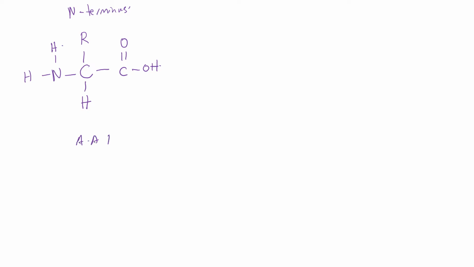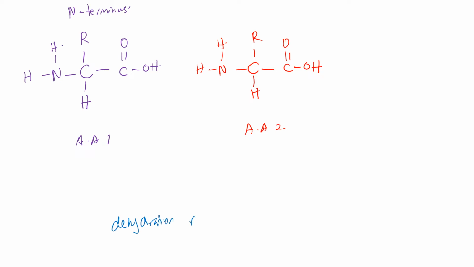Okay, so now we have the second amino acid. The second amino acid is also the same. You draw the alpha carbon, the side chain, the hydrogen atom, the carboxyl group, and then the amino group. Okay, so this is the second amino acid, amino acid 2. So the reaction involved here is dehydration reaction.